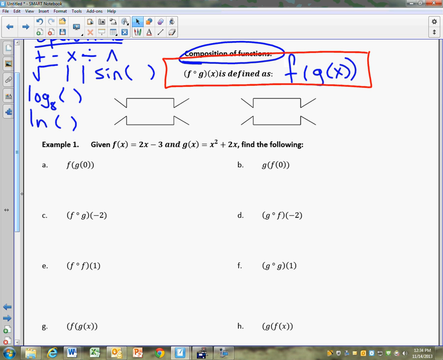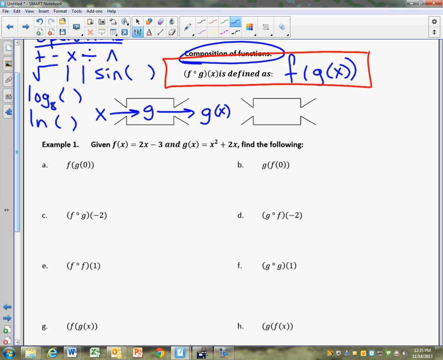What does that mean? How do we evaluate it? Well, here's what we do. We start with x. What do you think we plug x into when we're doing f composed of g of x? We plug it into g. And when you plug something into g, you come out with g of x.